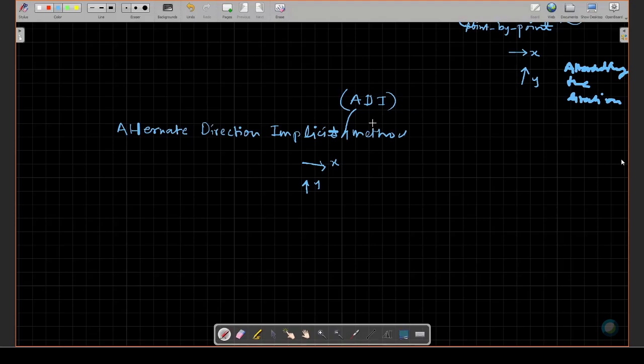Okay. So we'll stop here, and I will show you this in the next class, tomorrow's class: what the alternating direction implicit methods are. We will also discuss the alternating direction explicit method.